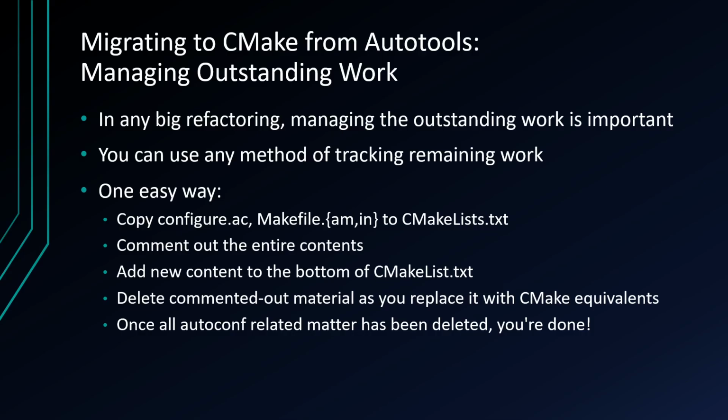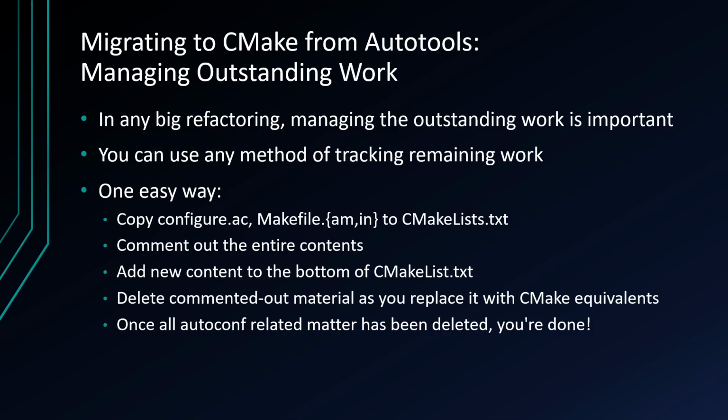If this is a big job, you're going to need to manage a checklist of all the stuff that you have to do. And in any big refactoring, managing that checklist of remaining work is important. You can use any method of tracking that. You can create tasks in Jira or issues in GitHub, whatever way works best for you.